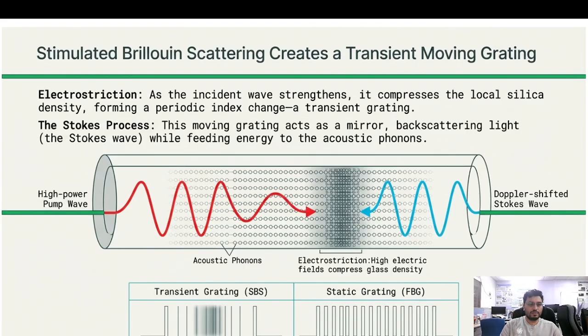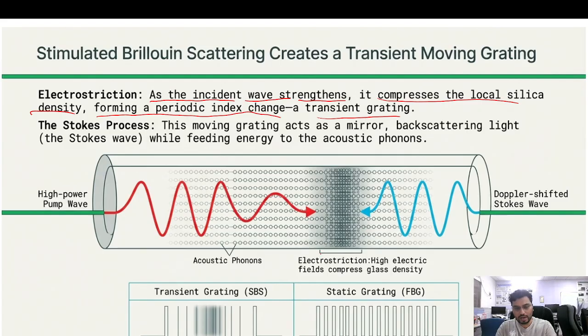Moving towards the next thing, which is that stimulated Brillouin scattering creates a transient moving grating. You can see electrostriction: as the incident wave strengthens, it compresses the local silica density, forming a periodic index change, a transient grating.